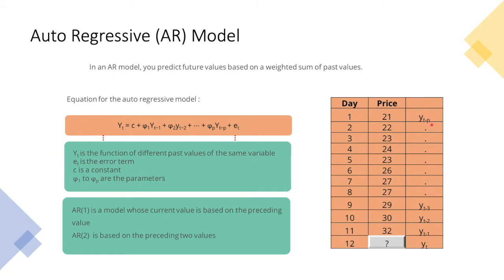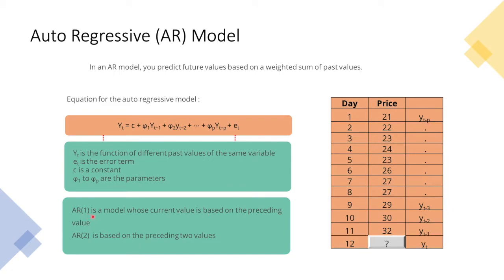Also, p is the cutoff time point. Everything before p, we don't need to consider. The p is the parameter we need to determine for this AR model.